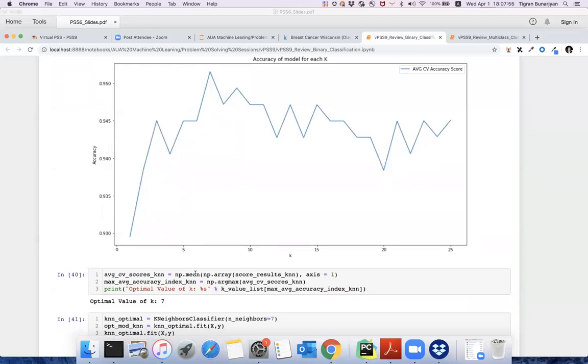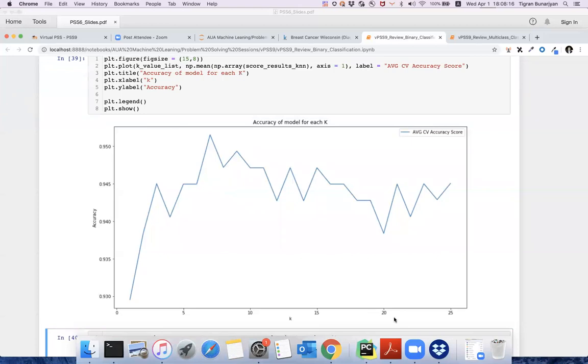So here we can use the same idea of np.argmax to get the index of the element corresponding to the maximum accuracy score in here, which is 7. But while we plot the k values on the x-axis and the average cross-validation accuracy scores for each k, we see that we have a peak in here, which corresponds to the value of 7.